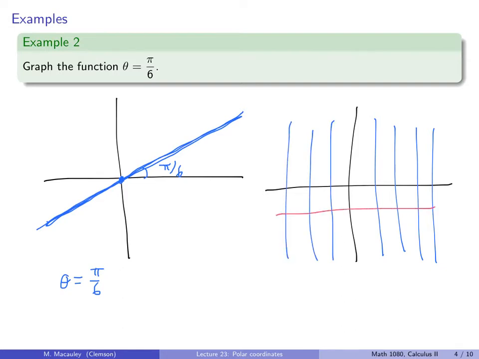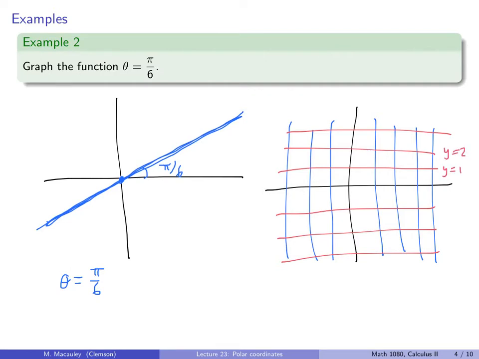But these lines represent constant functions. So for example, this is y equals 1, this is y equals 2, this is y equals 3, etc. This line here is x equals 1, this is x equals 2, this is x equals 3, and so forth.